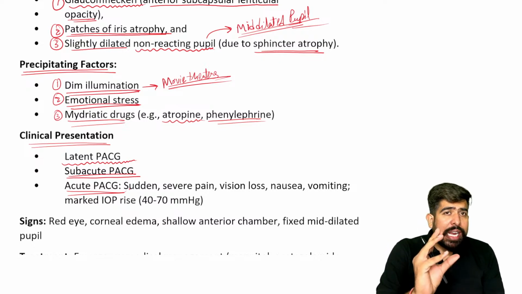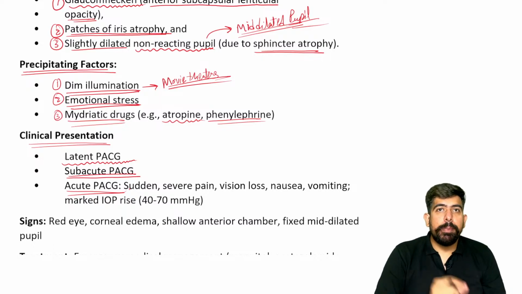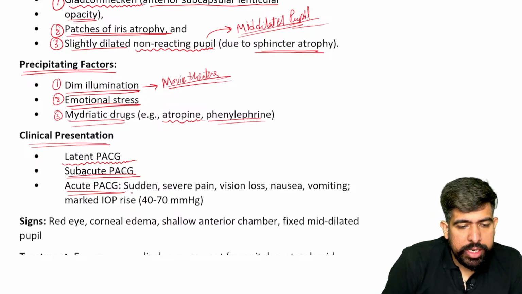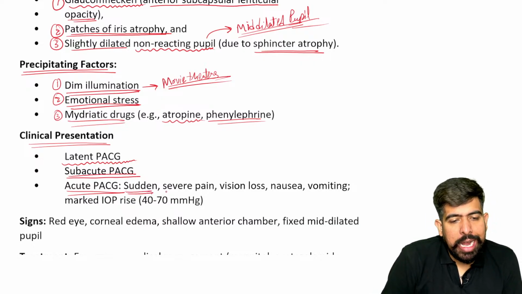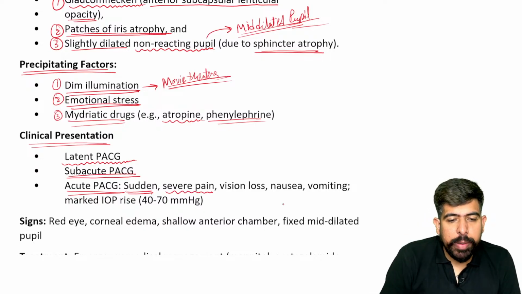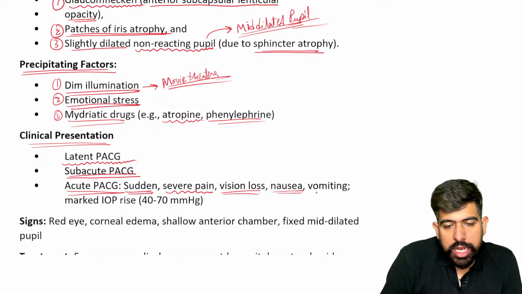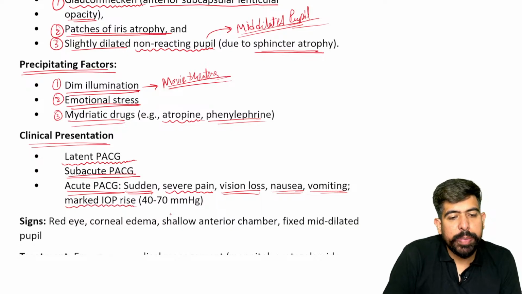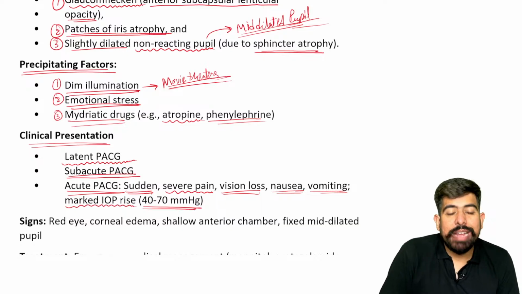Now, by the word acute, please understand this, acute means sudden onset, right? So please remember, it will be sudden, and the patient is coming with severe pain in the eye. The vision loss will be there, nausea, vomiting, and markedly raised IOP. It means it is 40 to 70 mmHg.